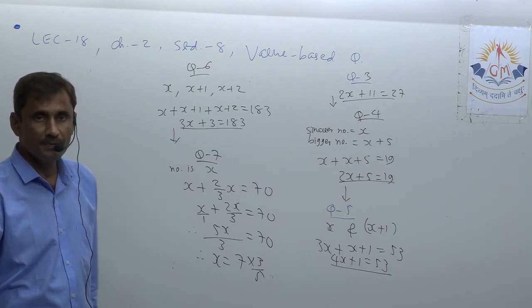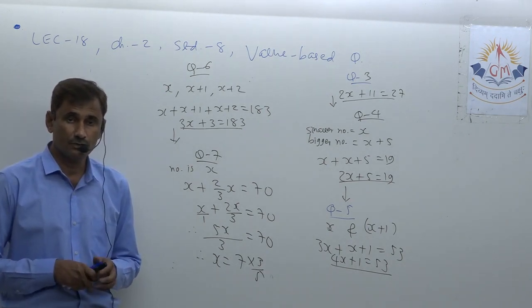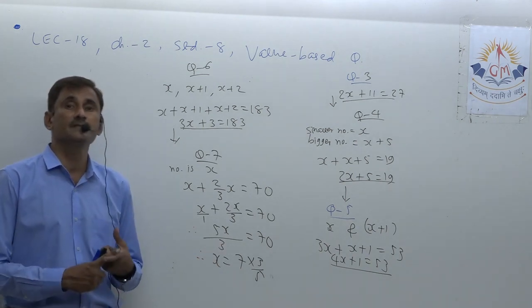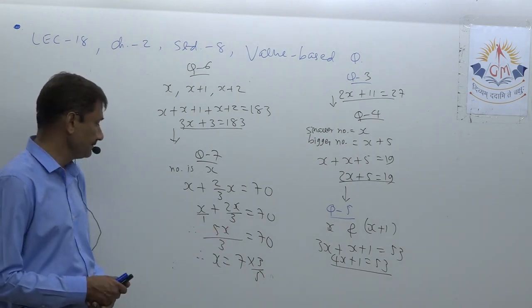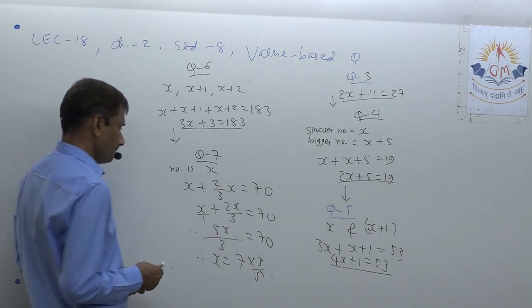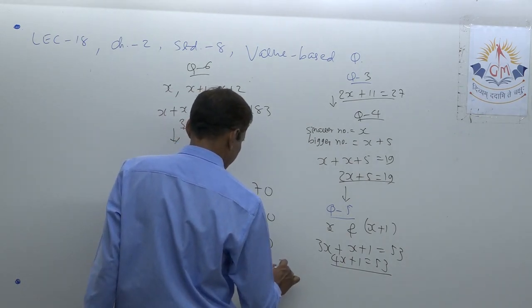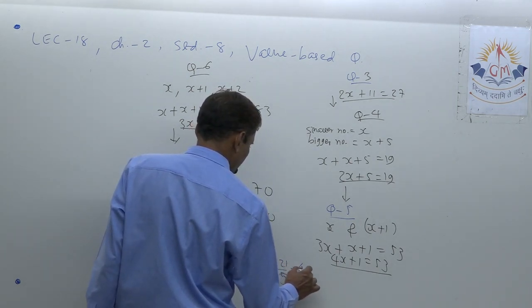So whenever a coefficient is shifted, multiplication goes to division, division to multiplication. Plus minus, minus plus will be applicable when a term is shifted. Here they are coefficients, factors. So it will be 21 upon 5. 21 upon 5 means 42 by 10, that is 4.2.